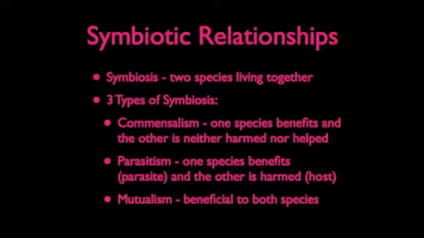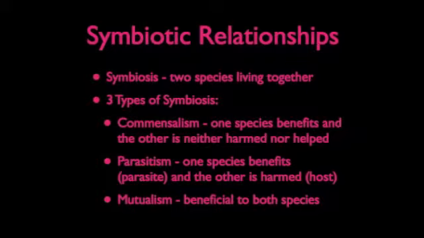So a bee pollinates a flower. Well, the bee's getting something out of it, right? He's getting the honey. And the flower's getting something out of it because it's being pollinated so it can grow. So that is mutualism.